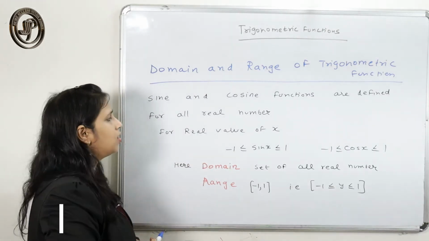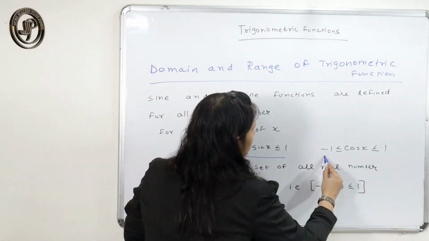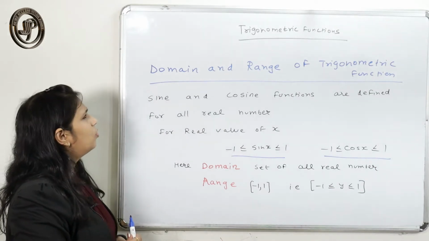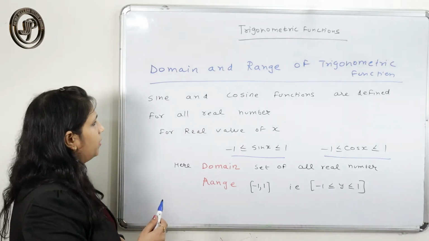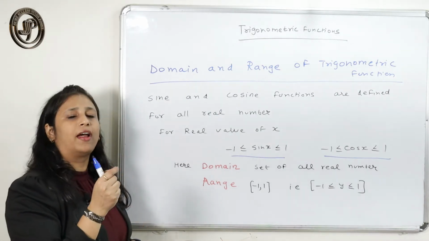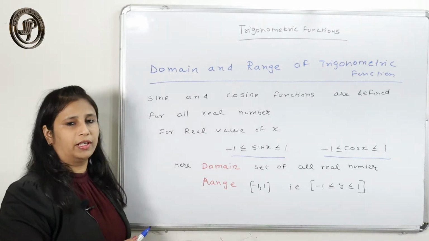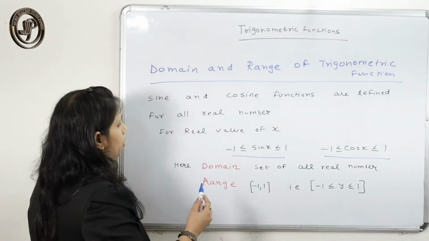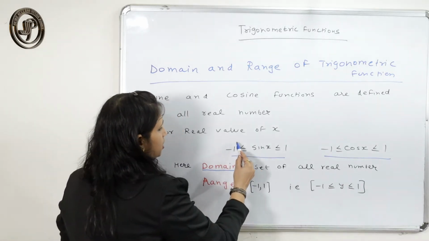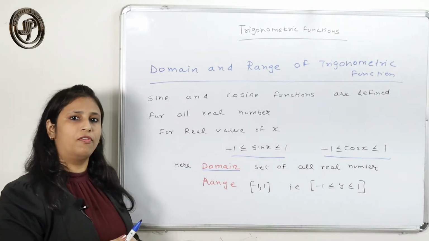So for all the real values of x, sin x is defined on this interval and cos x is defined on this interval. By the meaning of range and domain, we mean on which values of x that function is defined. So here, the domain is the value of x.